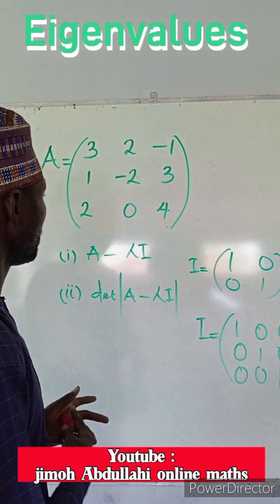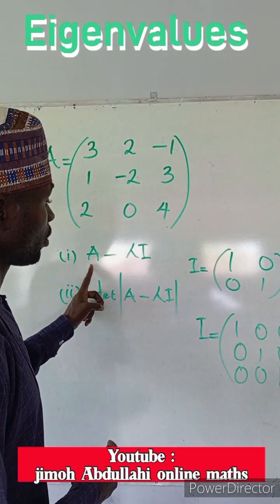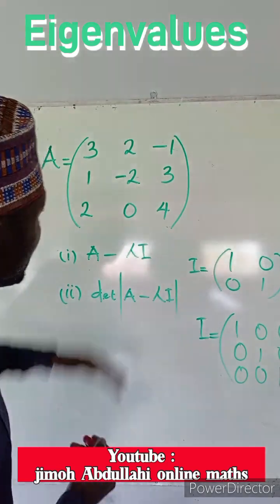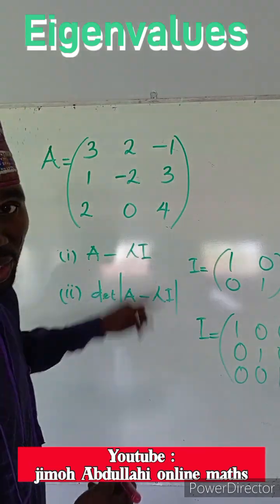So now what we are going to do here is, since we have A already given to us, and the unit matrix for this 3 by 3 is going to be something like this, and here we have the lambda multiplied by the unit matrix.